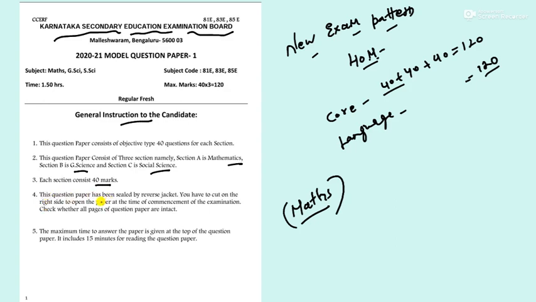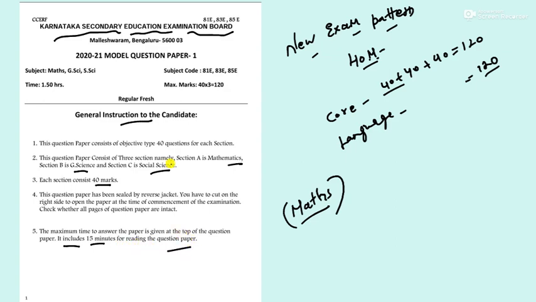This question paper has been sealed by reverse jacket. You have to cut on the right side to open the paper at the time of commencement of the examination. Check whether all the pages of questions are intact. The maximum time to answer the paper given at the top of the question paper includes 15 minutes for reading the question paper.